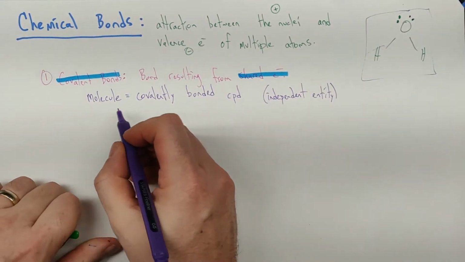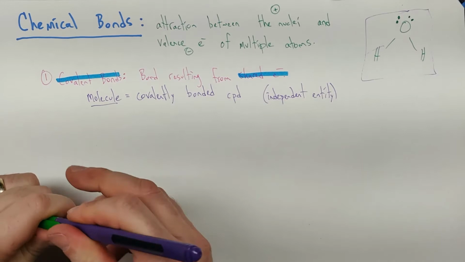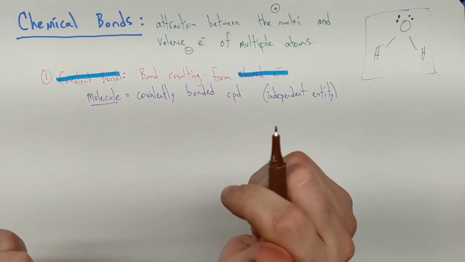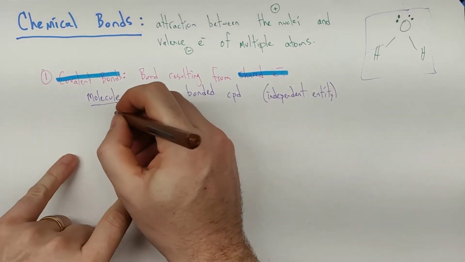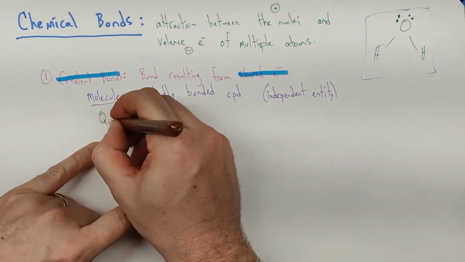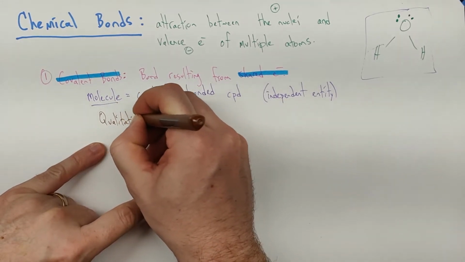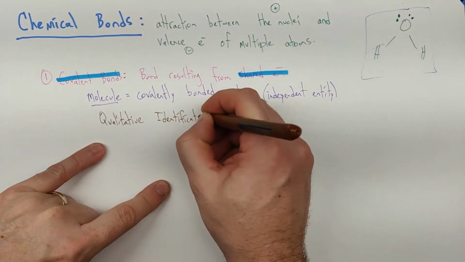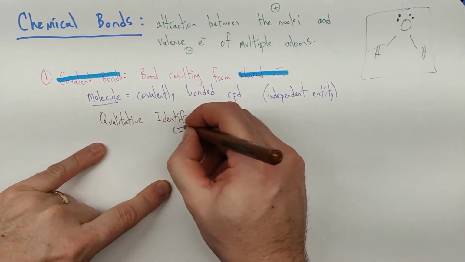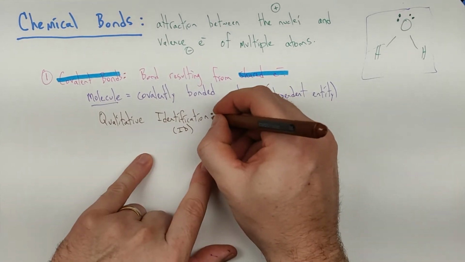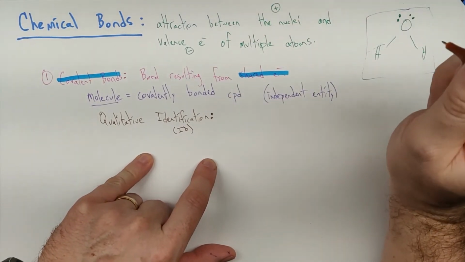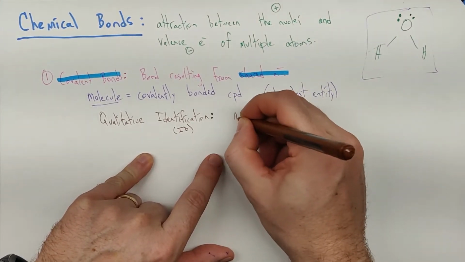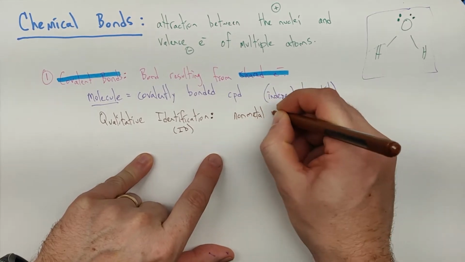So how do we recognize if something is a molecule versus an ionic compound? We look qualitatively at the types of elements that we have. Qualitative identification, which I'm going to abbreviate ID, you may recall, is generally a nonmetal with a nonmetal.